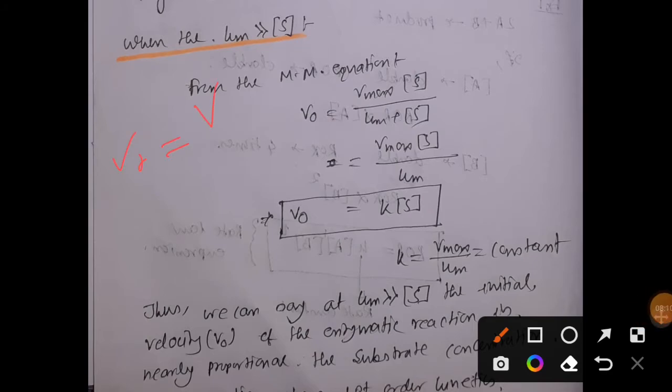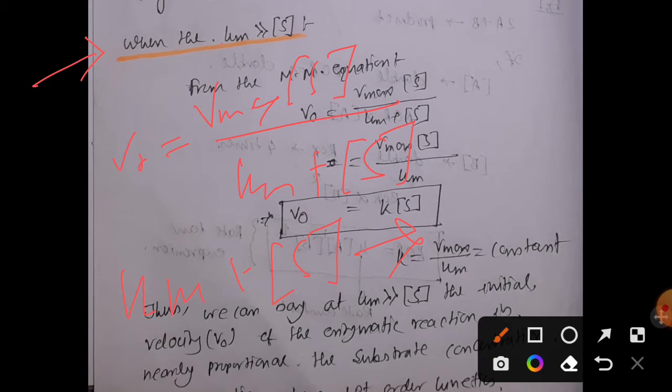Now the main topic of today's class. In the previous video we have derived the formula V0 is equal to Vmax into concentration of S divided by Km plus concentration of S. Here we are first taking the condition where Km is much greater than the concentration of the substrate. I think you may have done this kind of problem in your physics paper, right?